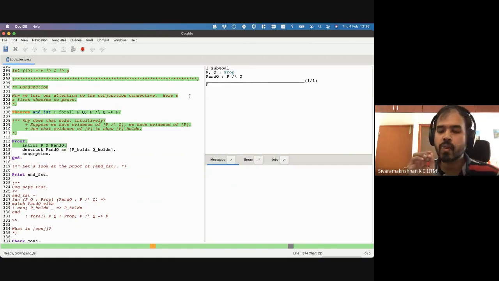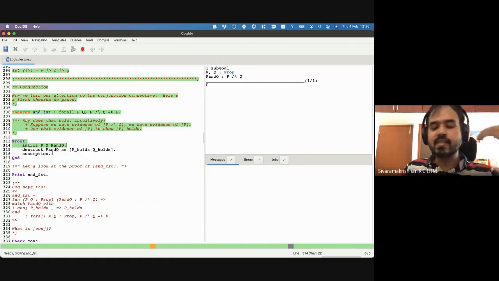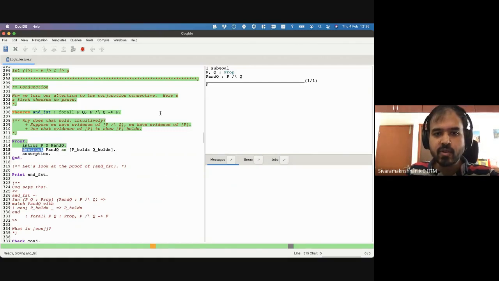Now the way to proceed with the proof is using a different way of using a tactic that we've seen before. Let's just go along with the tactic now, and then we'll come back to how this actually works. I know P and Q contains the evidence for both P and Q, so I'm applying the destruct tactic.